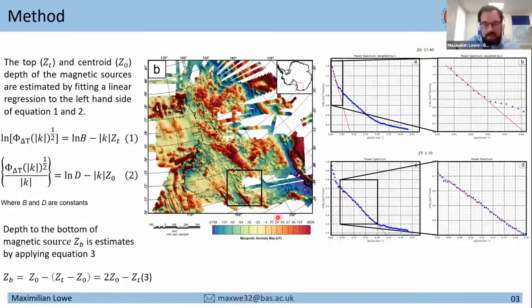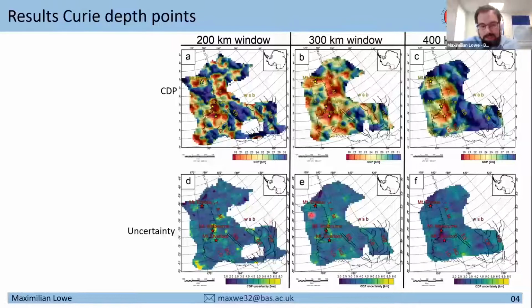If we go to the results now, we can see already the fact that we removed large parts where we have only few flight lines. And what we can also see is that we have higher resolution in this pattern of our Curie depth than the Martos model.